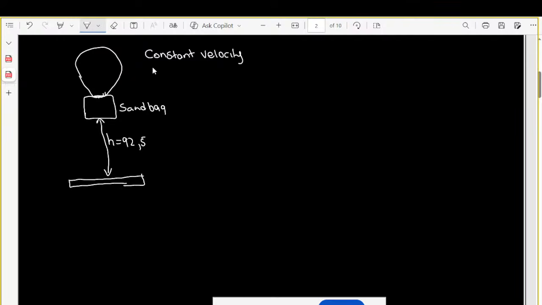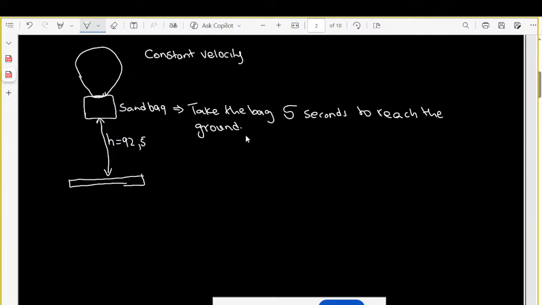From this height, it will take the bag 5 seconds to reach the ground. I hope you are with me on that. You still with me?